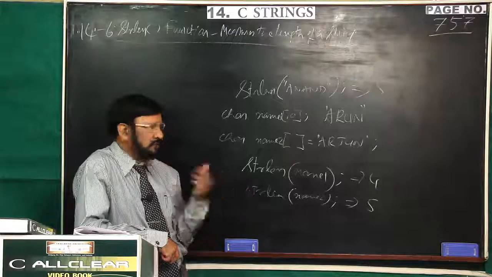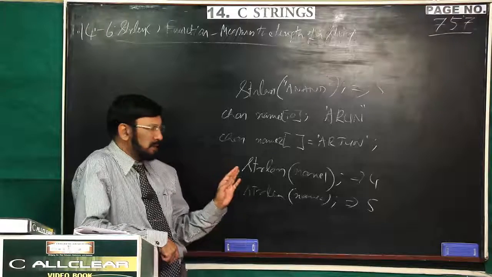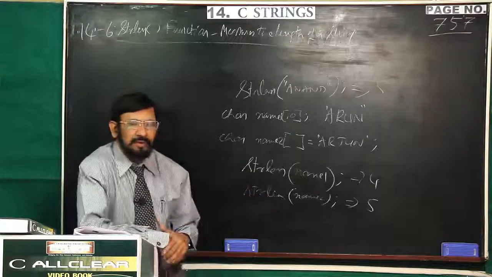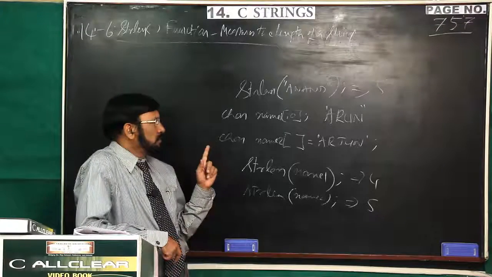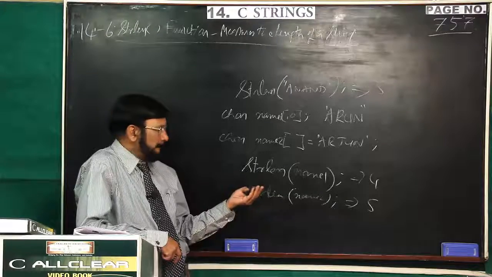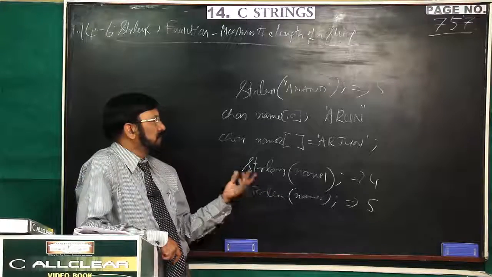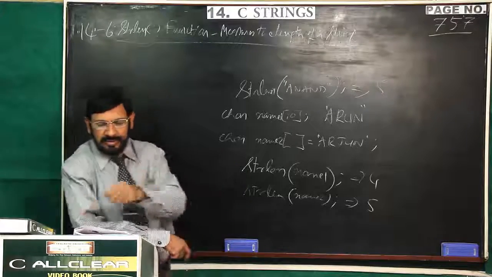We never see that also. That's why that character is not counted. This is the syntax. You can understand that by using the strlen function, you can get the number of characters in a string variable, string constant, or a string literal.